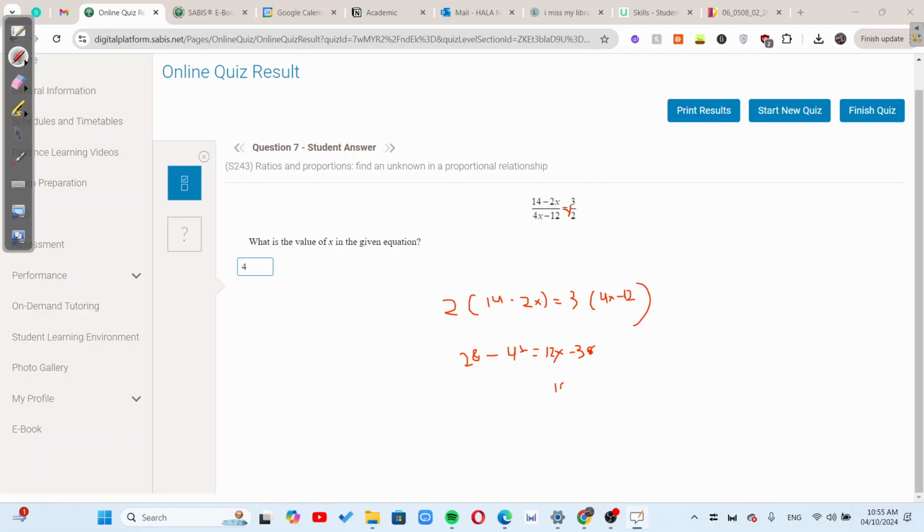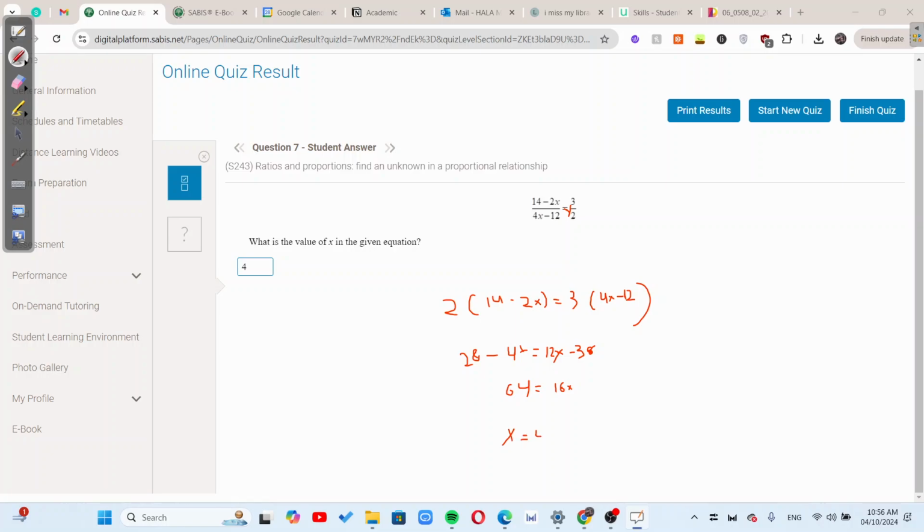I'm just going to write it down as 16x equals 28 plus 36, which when you do on your calculator, 28 plus 36, you're going to get equals 64. So 16x equals 64, so your x equals, just do it on your calculator really quickly, 64 divided by 16 is 4.